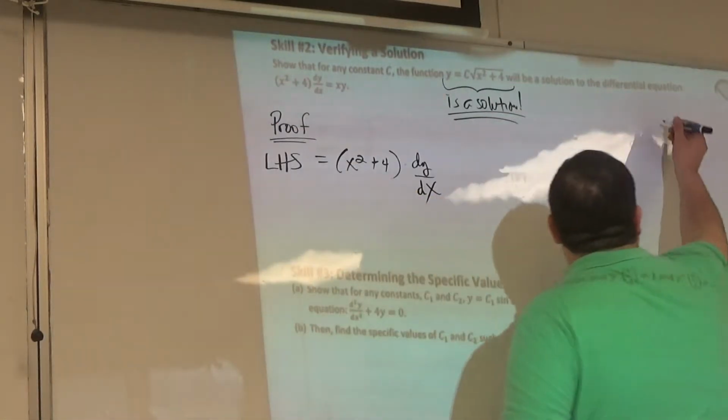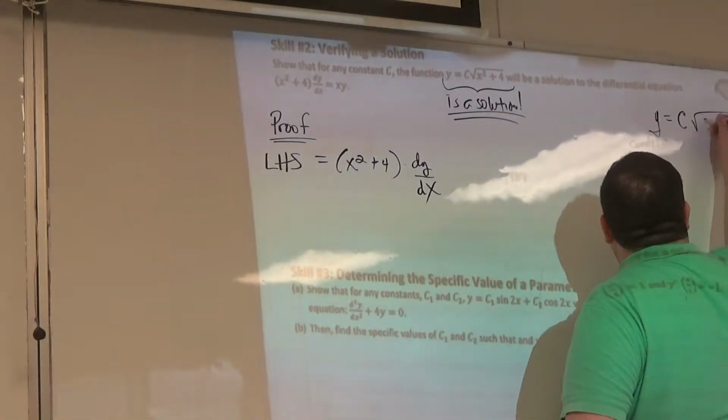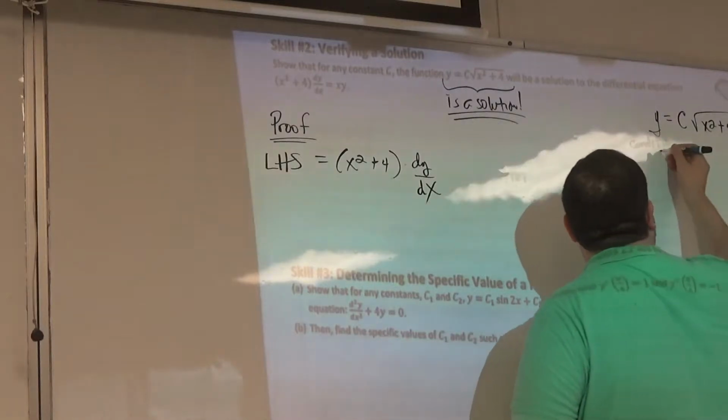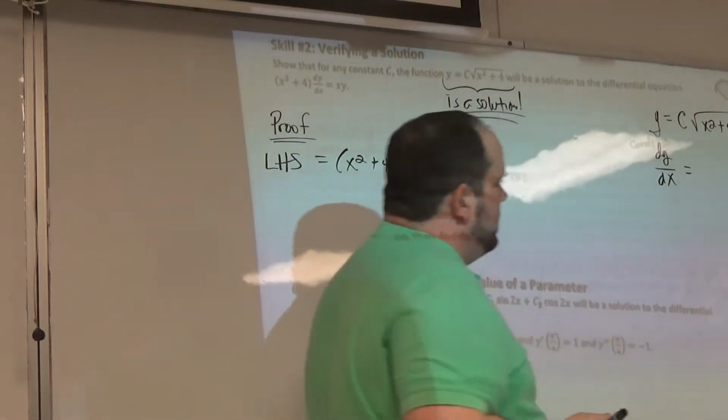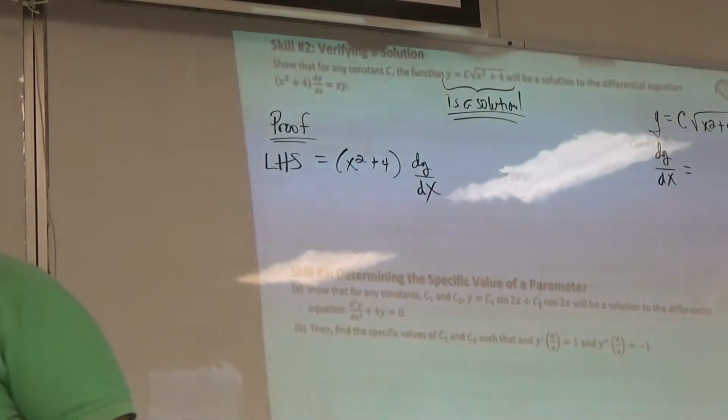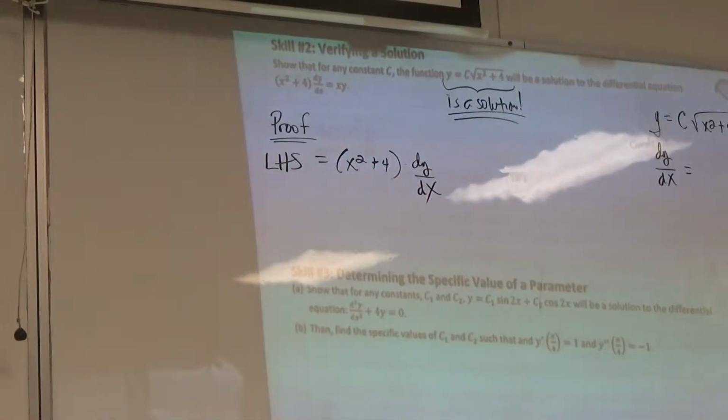Well, if y is equal to c times the square root of x squared plus 4, just take a minute real quick. Go find that derivative for me. c is the constant. Find the derivative. Maybe you're thinking a little bit of chain rule.